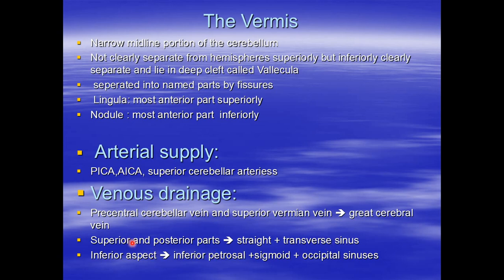So most of the cerebellum drains into the cerebral venous sinuses. Just a small part drains into the great cerebral vein of Galen, which then drains into the rest of the cranial venous sinus system.